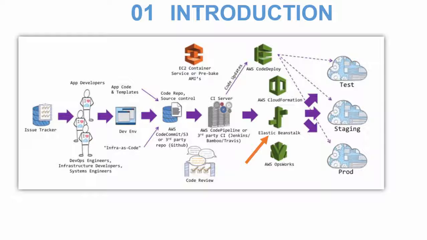Now, Elastic Beanstalk is the fastest and simplest way to get an application up and running on AWS. It's perfect for developers who want to deploy code and not worry too much about managing the underlying infrastructure. And we have AWS CloudFormation, which provides a sysadmin and the network architect and other IT personnel the ability to provision and manage stacks of AWS resources based on templates you create to model your infrastructure architecture.